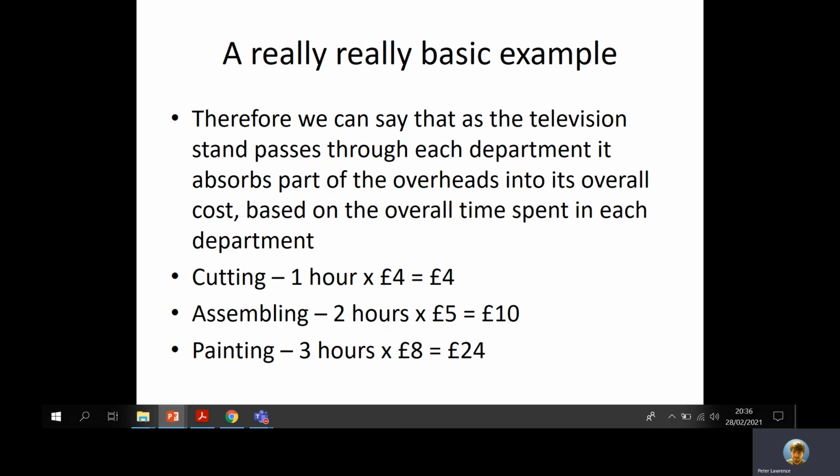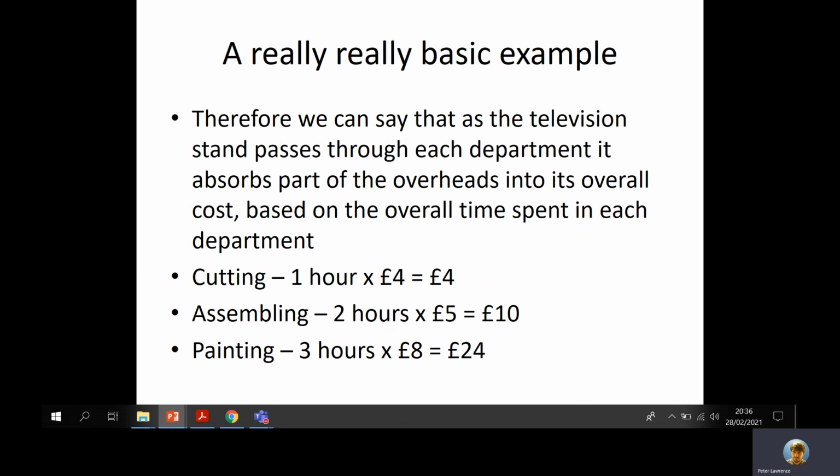So we can say with the television stand, as it passes through each department, it's going to absorb some of these overheads. The cutting department: it spends 1 hour in there, and it costs £4 per hour for the fixed costs, so we allocate £4 to the TV stand.